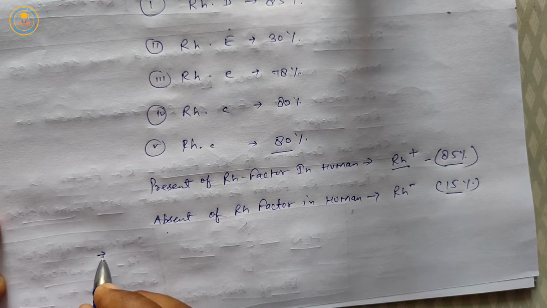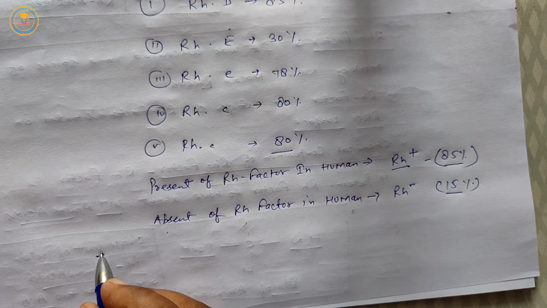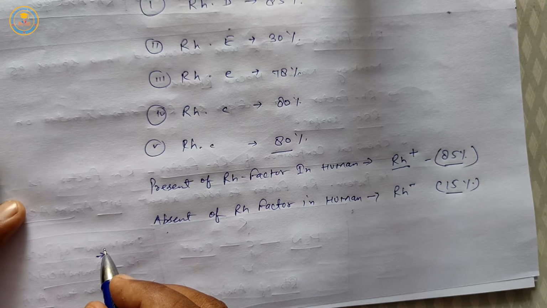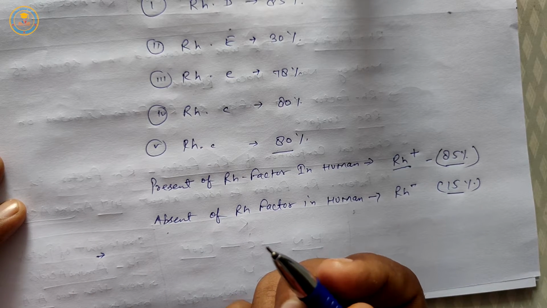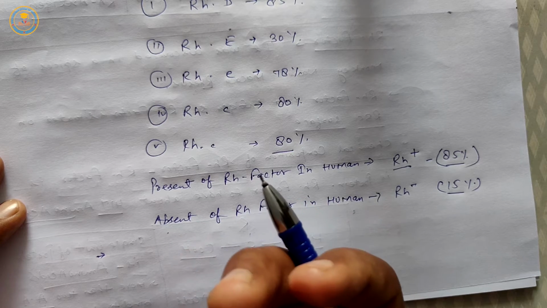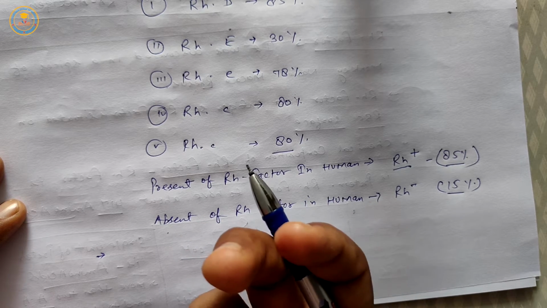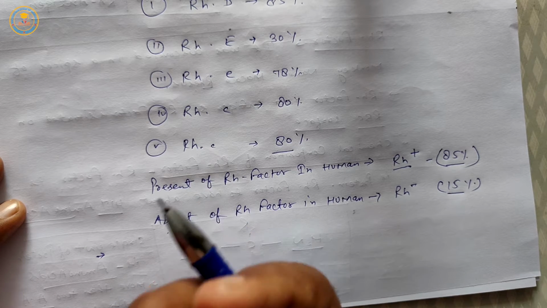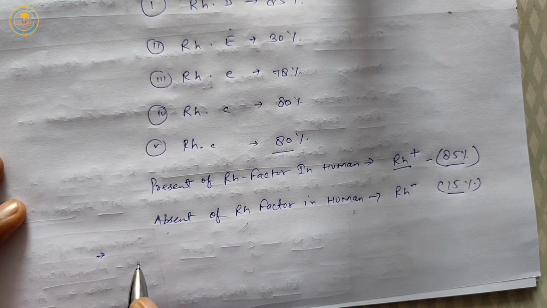Next, sometimes the blood group is the same, but if a person donates blood to another person of the same blood group, sometimes the receiving person dies. So there are some complications of Rh factor.